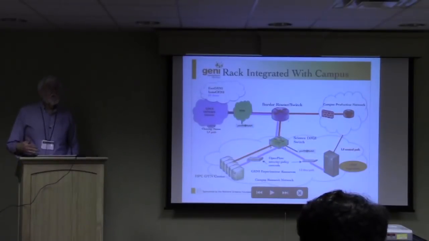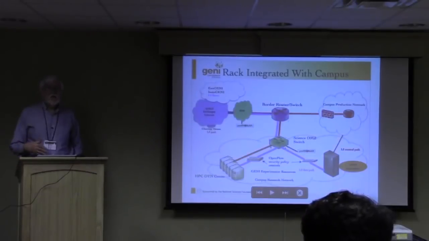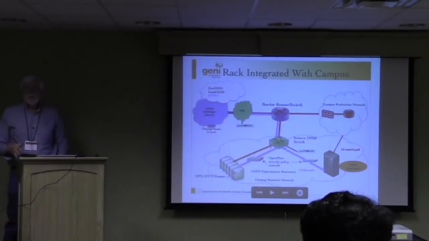And that rack configuration does include OSCARS, the dynamic provisioning capability. But so far, our understanding is there's very little use of that beyond the DINES rack itself. It's not expanding out to include GENI, it's not expanding out to other campus resources as yet.